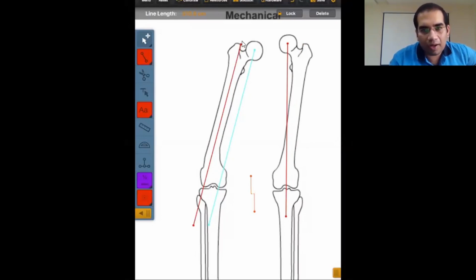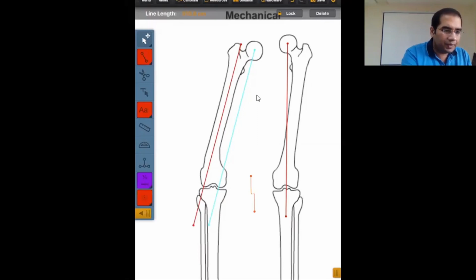You simply draw a mid-diaphyseal line, then from there you place your scale and mark a point in the center of the femur, and you measure the distance, and then downwards, at the same distance you mark another point, and then you join these two points and extend the line downwards. This is how you get a parallel line.